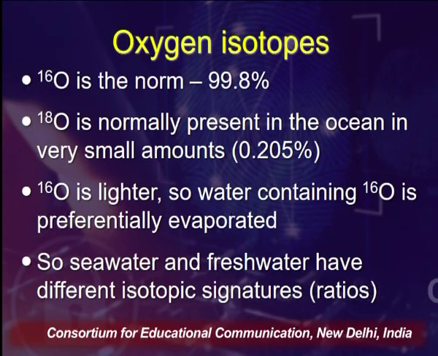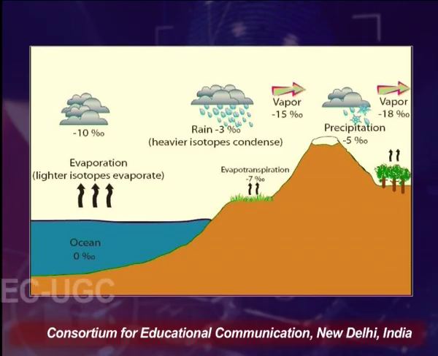So seawater and fresh water have different isotopic signatures. Supposedly there is a fish species which we have to identify. We can easily identify whether this species belongs to seawater or freshwater depending upon the ratio of the oxygen present in them.